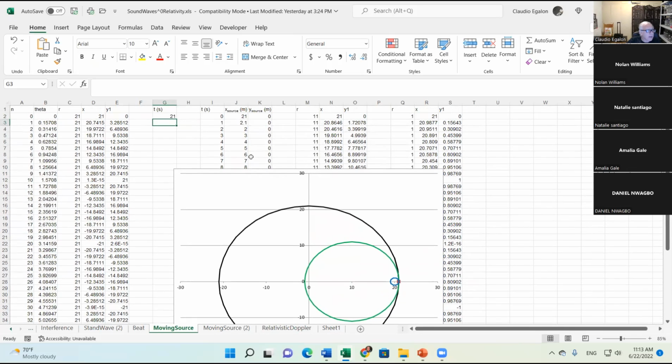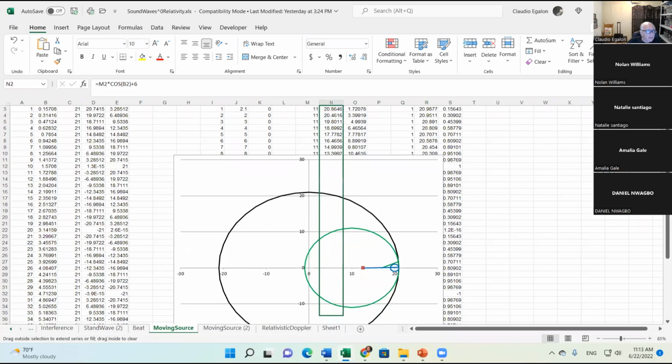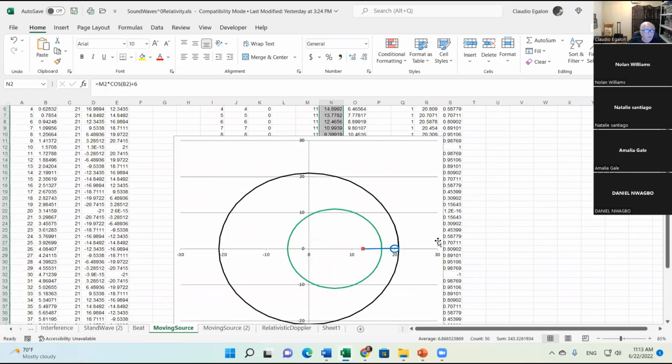If I change the speed here for you, here you go. Instead of 1, right, Mach 1, I had like Mach 0.6, for instance. And I have to change that here as well. Right, here you go. I have to change here to 6. And I have to change this one to 12. And don't forget, I have to click and drag all the way down.